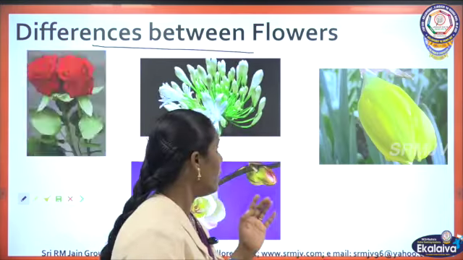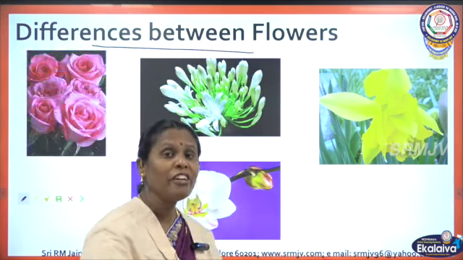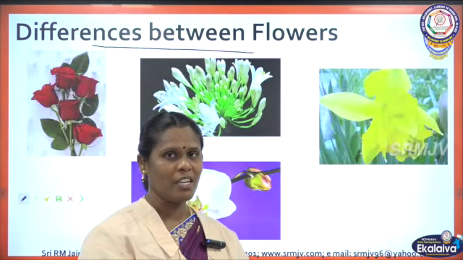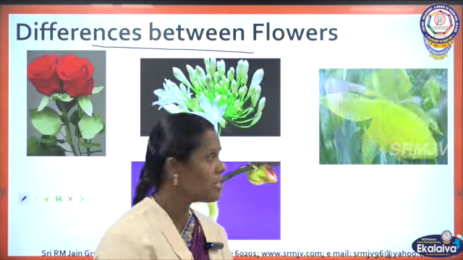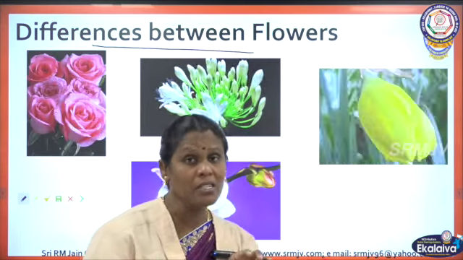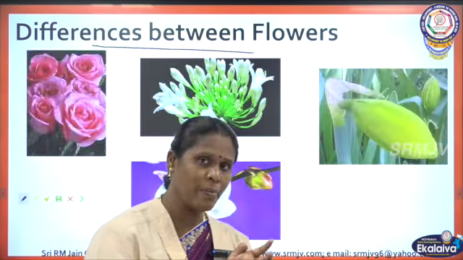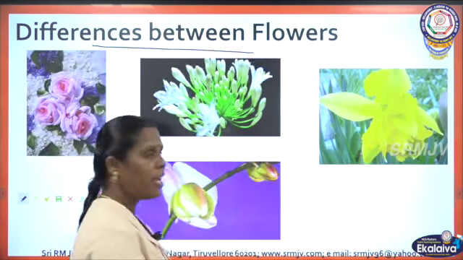So, flowers of different plants differ from each other in their variations such as color, shape, position of pistil, position of stamen and pollination also.